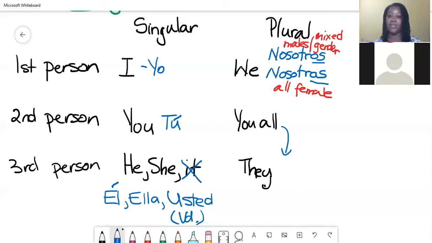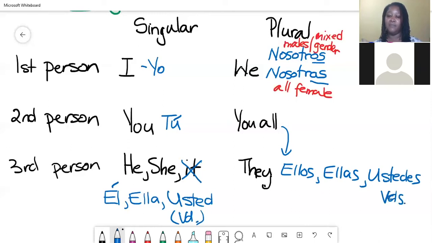In addition to the they, we're going to pluralize the él and the ella. So we're going to have ellos, ellas, and ustedes, abbreviated Uds. We're not going to really focus too much on that second person plural form.